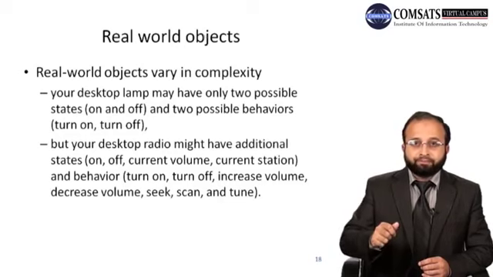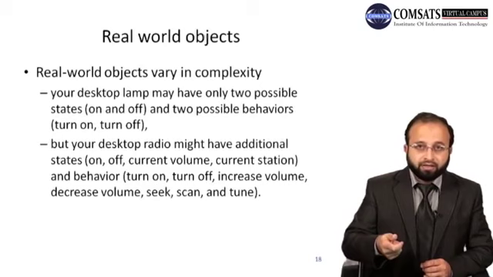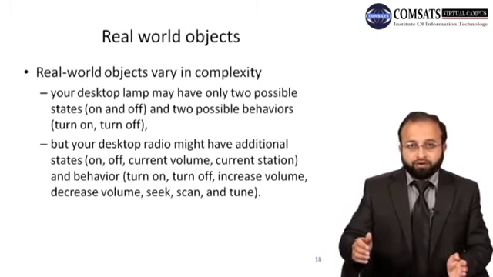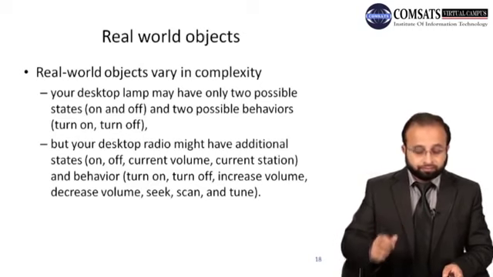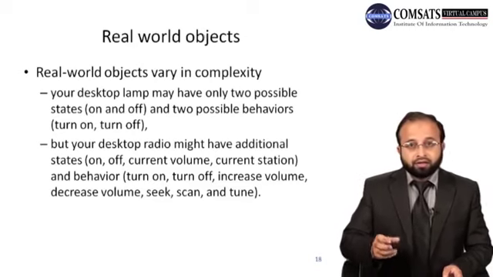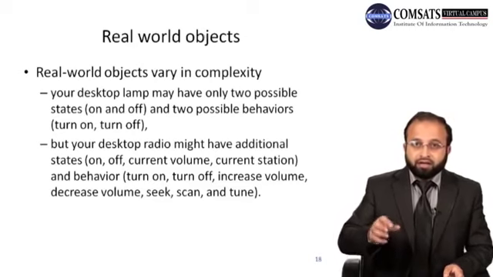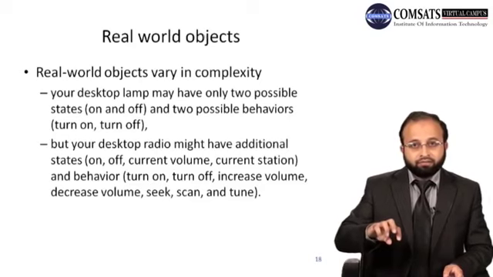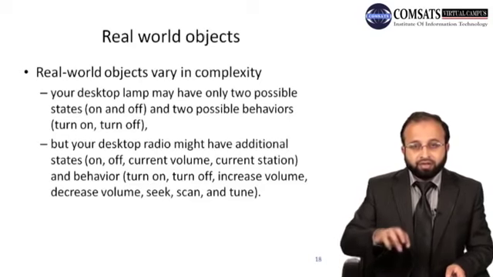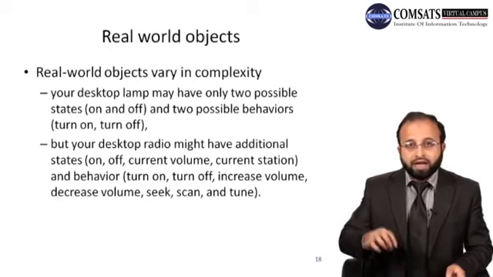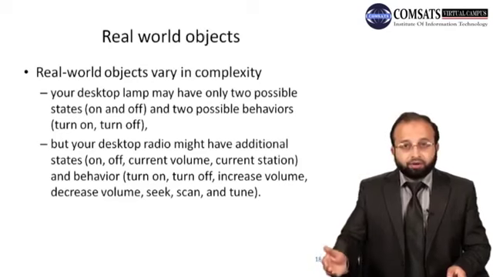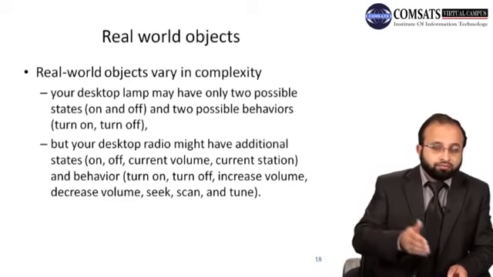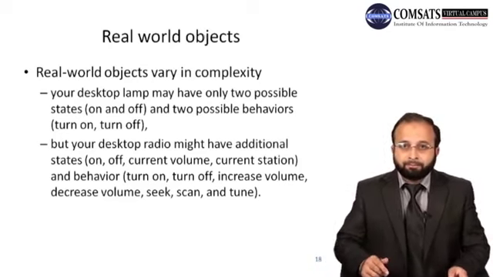There is an interface provided by the desktop radio object, some kind of dial through which you can increase or decrease the volume, right? So you can turn that dial to decrease the volume, which means you are executing the behavior of decreasing the volume, and as a result the state of that radio, which is current volume, is changed from 10 to 7, let's say, right?